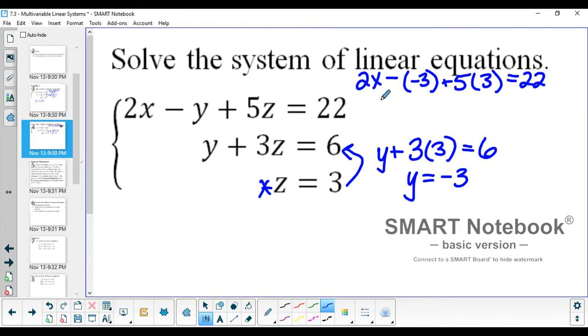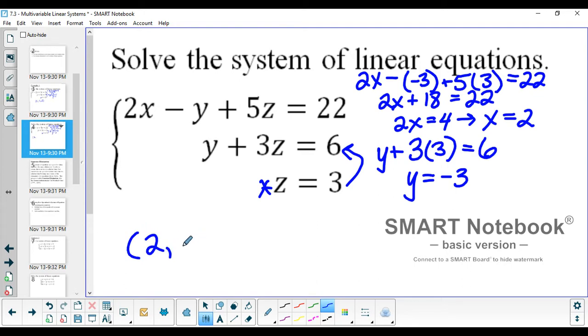So 2x, -3 is +3, plus 5 times 3 is 15, so 3 plus 15 is 18, so this is plus 18 is equal to 22. Subtract 18 from both sides, so 2x is equal to 4, which we know x is equal to 2. So my ordered triple here is 2, comma, -3, comma, 3.